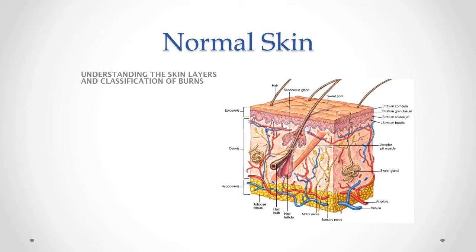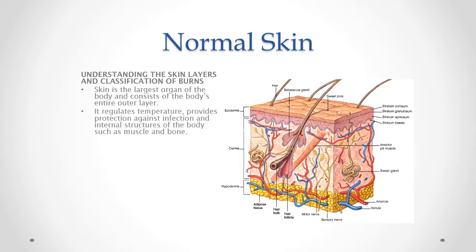So this is our standard pathophysiology diagram of skin. Skin is the largest organ of the body and consists of the body's entire outer layer. I know that we learned that the liver was the largest organ in the body, but I still am adamant that the skin is actually the largest organ of the body. It is an organ system, right?